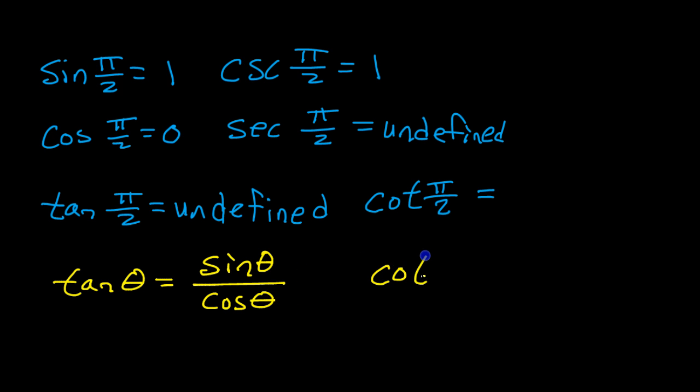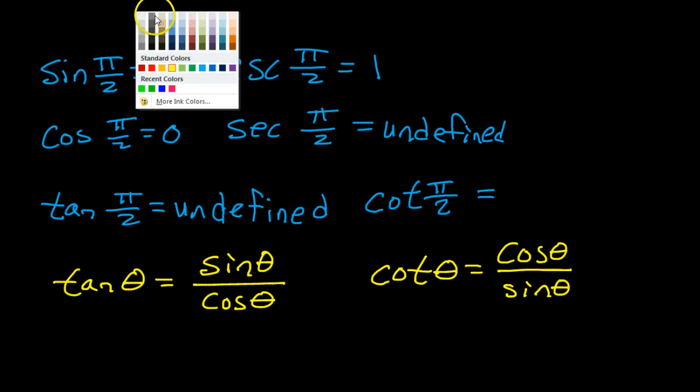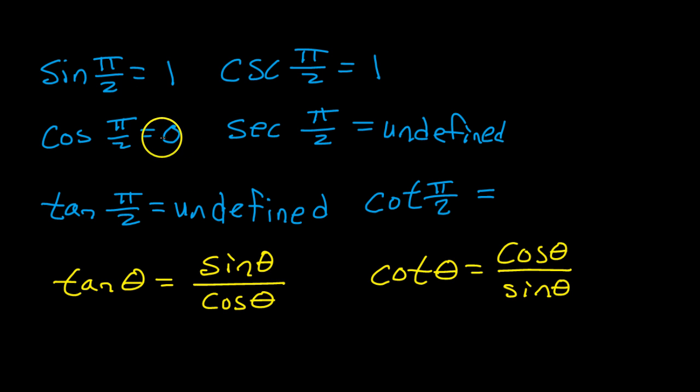So if we want to do cotangent of any angle, it'll be the reciprocal. So that means cotangent will be cosine over sine. So if you look at it that way, it's easy to understand. We'll just do cosine over sine. 0 over 1 is 0. Okay? So, as a shortcut, when you have 0, the reciprocal is going to be undefined. When you have undefined, the reciprocal trig function is going to be 0. So there you have it. That's all of the special angles.